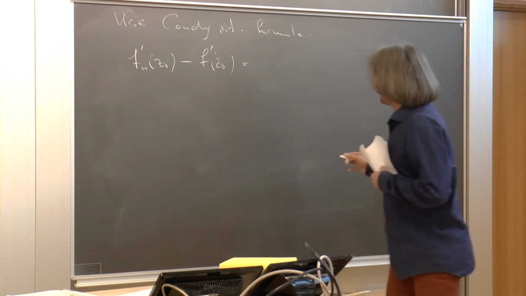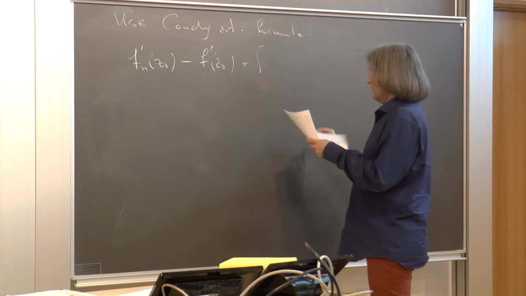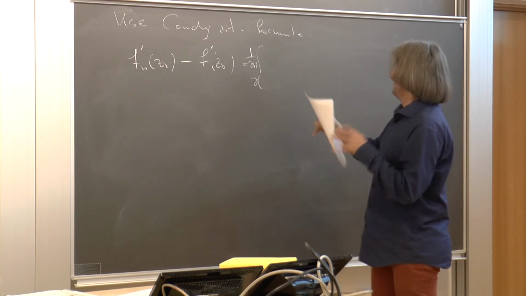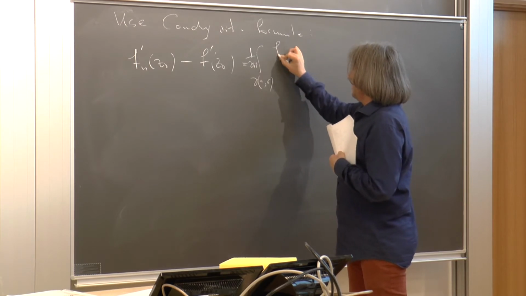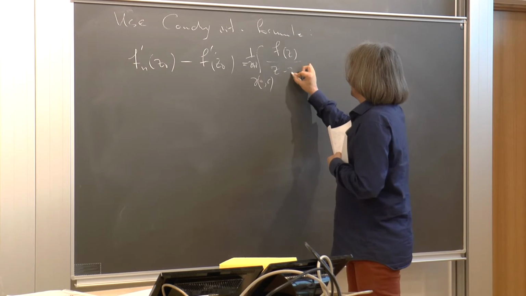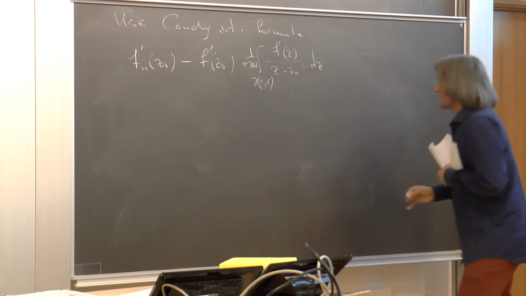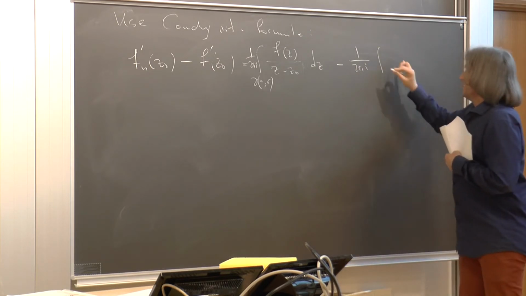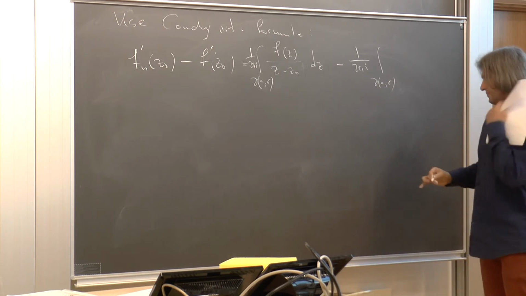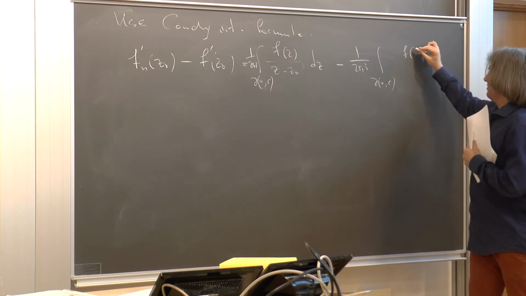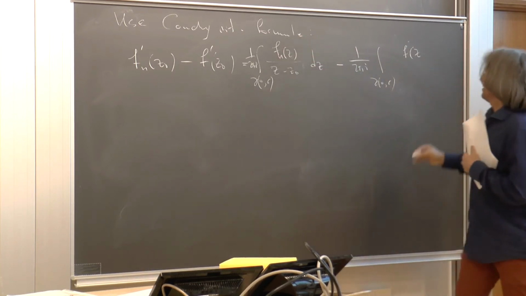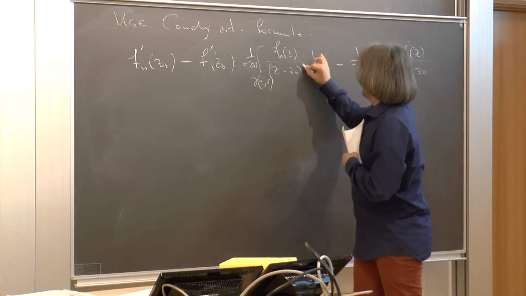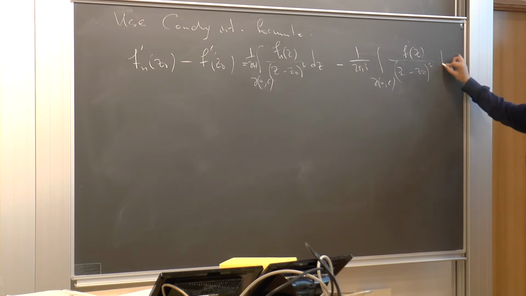So this is 1 over 2 pi i, the integral over the boundary of the disk A R of f of z over z minus z naught, squared, sorry, dz, minus 1 over 2 pi i, the integral over the boundary of A R of fn of z over z minus z naught squared dz.